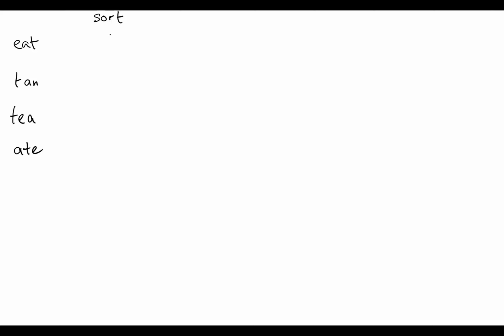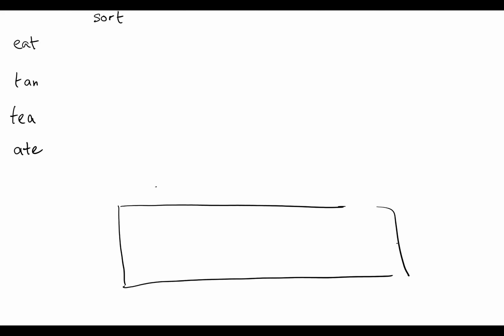What if we sort them? If we sort them, okay, so what we can do is, how do we keep track of all the groups? So what if we put a map? Say we put a map here. So the key for this is the pattern, right? And the value is the list. So say eat, if we sort the letters, it will be AET, right?